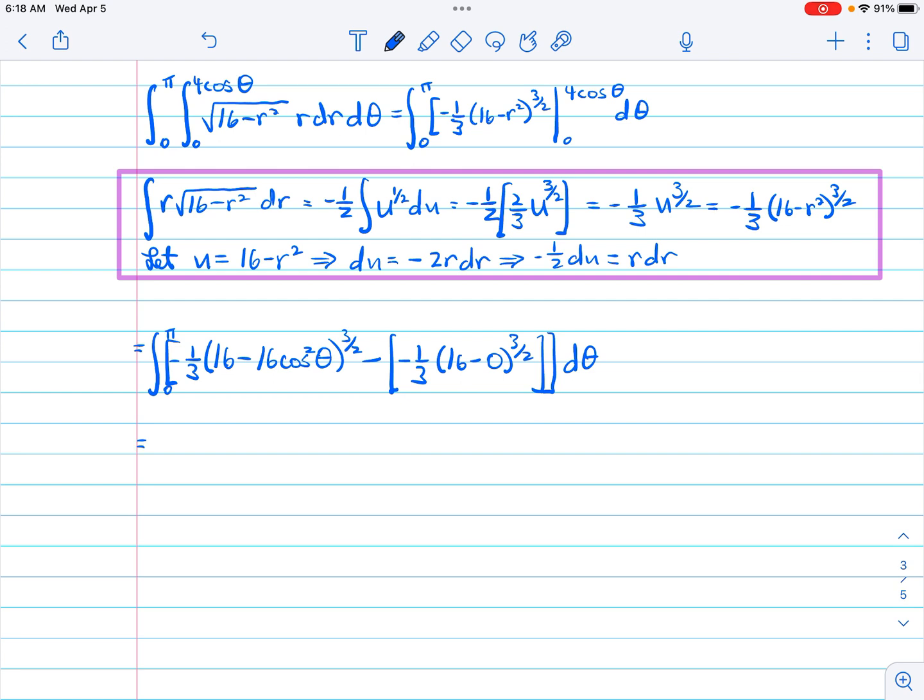Now, we've got 0 to pi. I'm just moving along very carefully. We've got negative 1/3. Now, I'm going to factor out this 16 to the 3 halves.